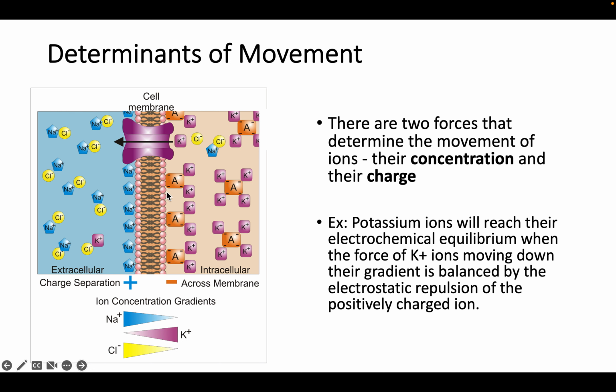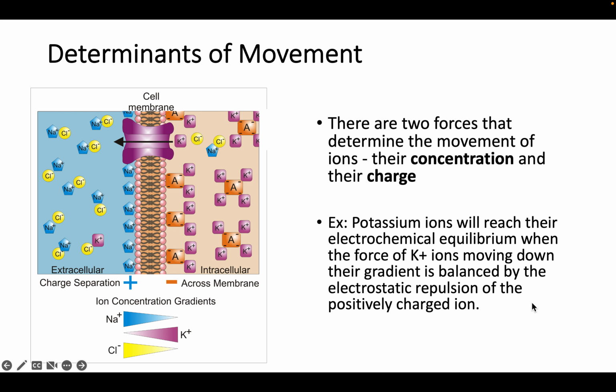So if we're moving potassium in one direction or the other, potassium itself is positive, and as you move more potassium to one area, that region becomes more positive. And so as that region becomes more positive, it's going to repel the additional movement of more positively charged potassium ions, right? So you have what's known as this electrochemical equilibrium, right?